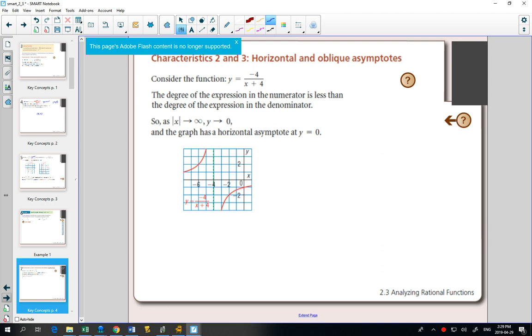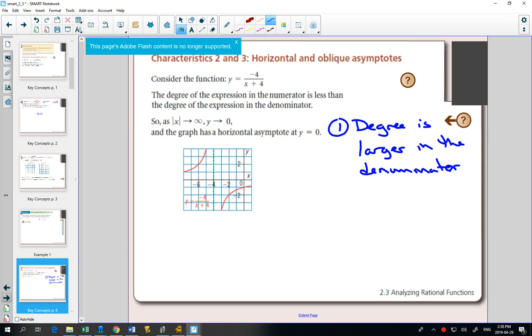Situation number 1: if the degree is larger in your denominator, so in this case, the highest degree in this equation is an x, it's larger in your denominator, we have no x's in our numerator.